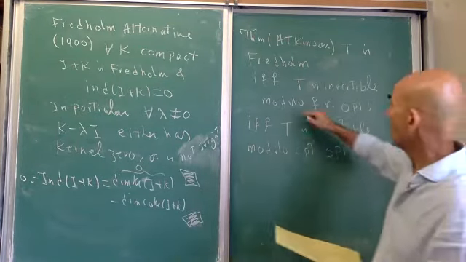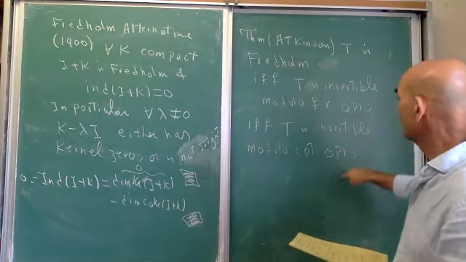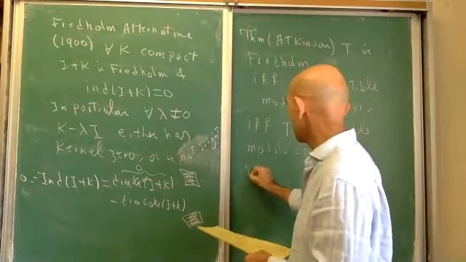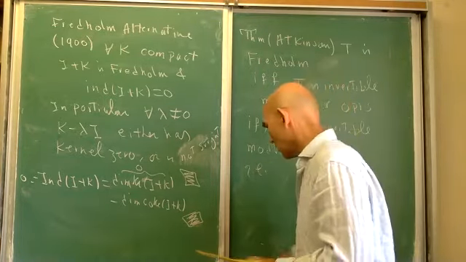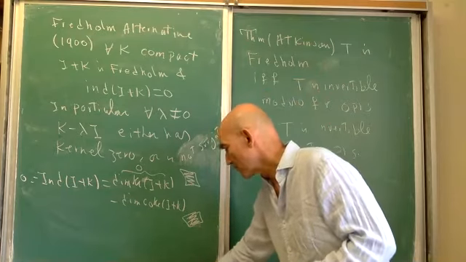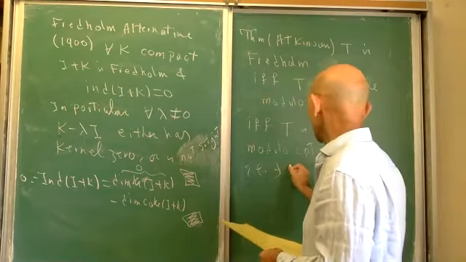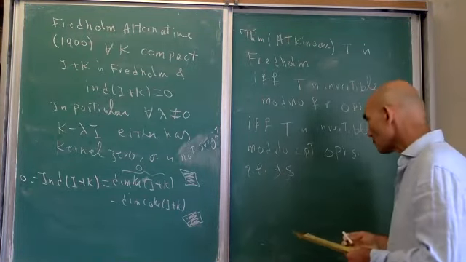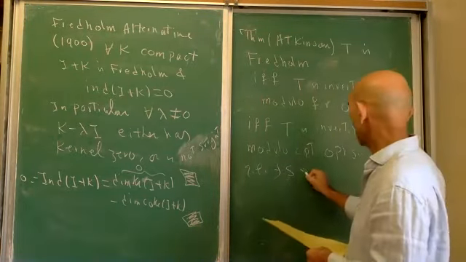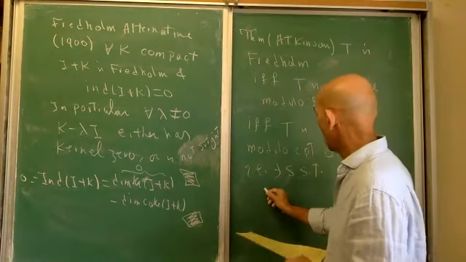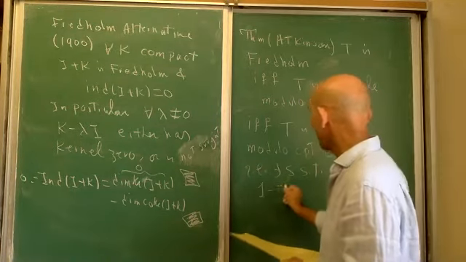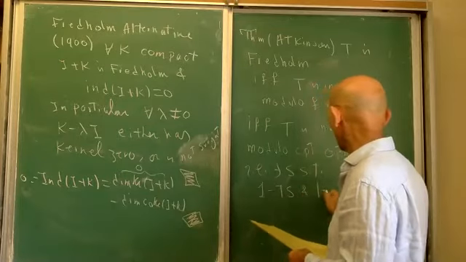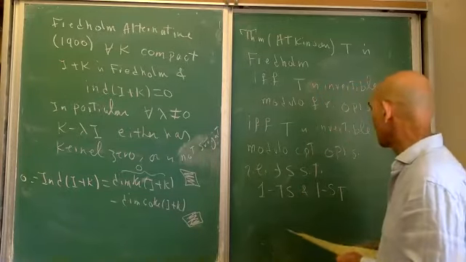In both cases, modulo finite rank or modulo compact, it really means that there exists S such that 1 minus TS and 1 minus ST are both compact.